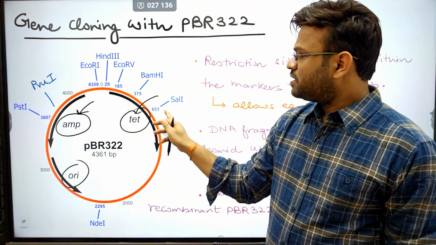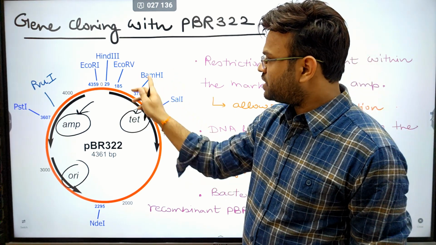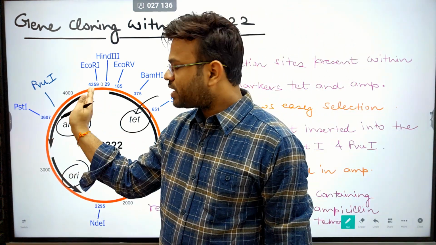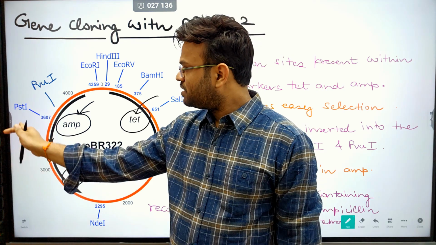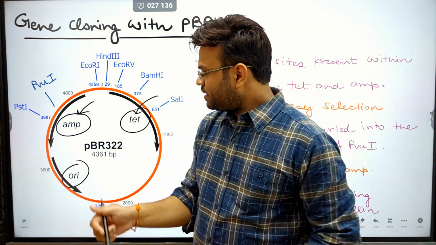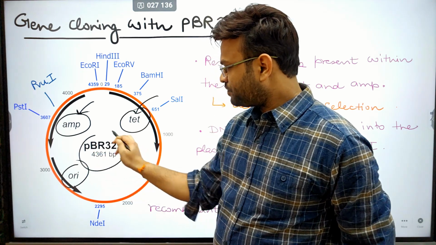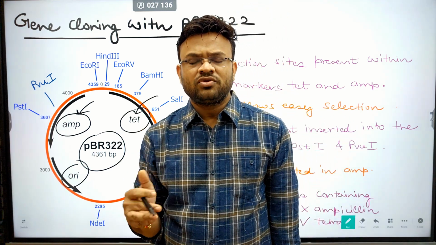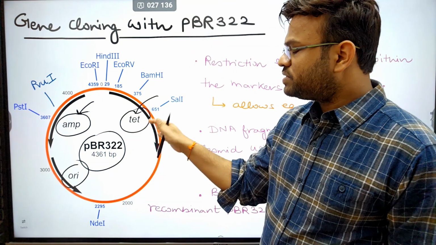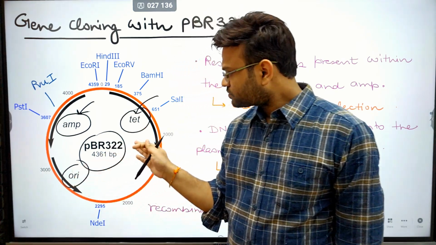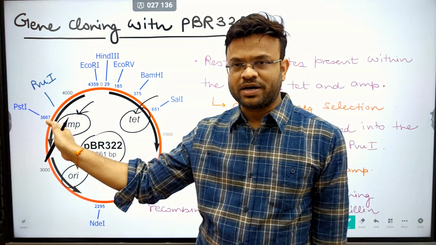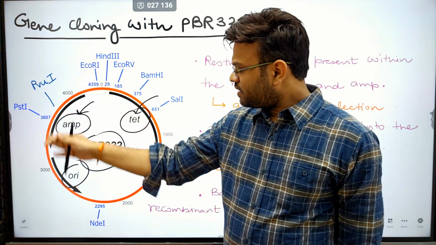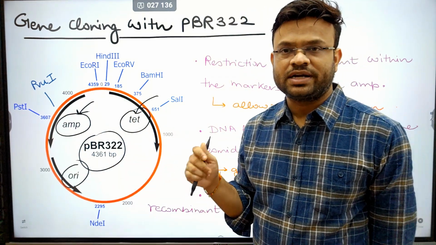For example, SalI, BamHI, EcoRV are basically cutting in the tetracycline resistance gene. And if I'm talking about the ampicillin resistance gene, over here PvuI, PstI, they are cutting. And 4361 is basically the entire length of this particular plasmid. This is what I wanted to tell you, that is why again and again I was saying that there are two selectable markers over here, tetracycline resistance and ampicillin resistance. This is basically the structure that I wanted to show you.